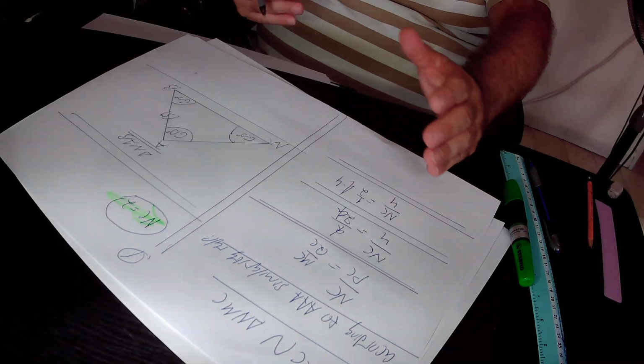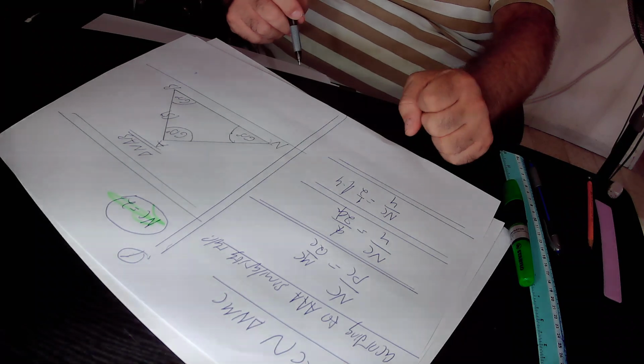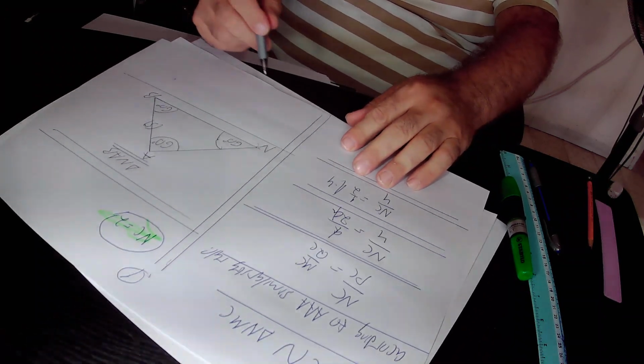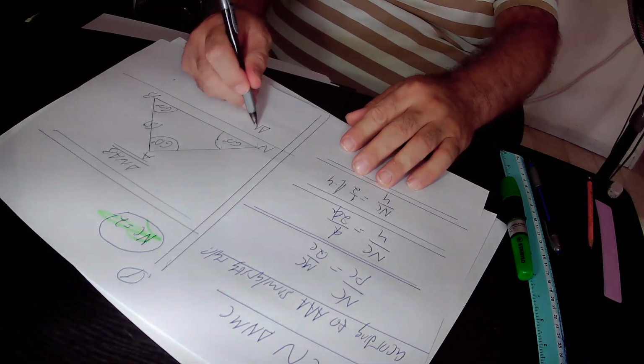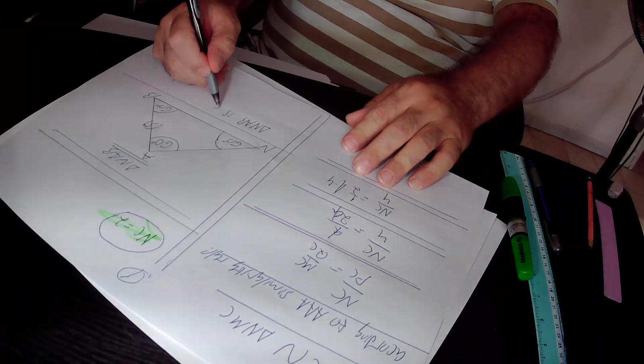So we found out that the big triangle NAB is an equilateral triangle. I write it down: the big triangle NAB is an equilateral triangle.